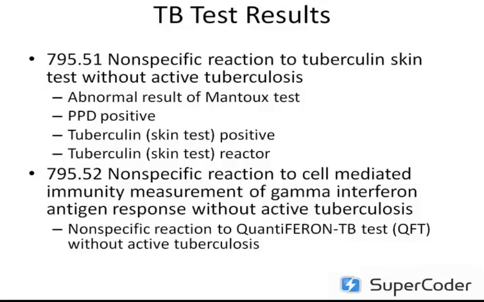So we have two, they're not unspecified, but they're non-specific codes. In other words, it's the finding based on the test. We have not established when you use either of these codes that the patient has active tuberculosis.